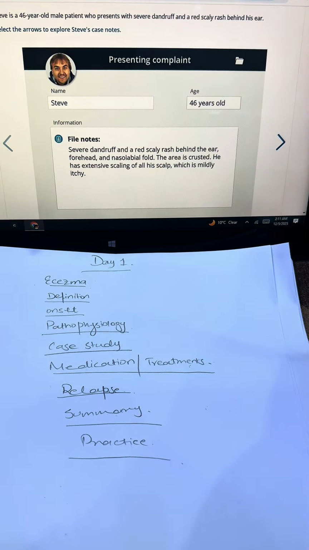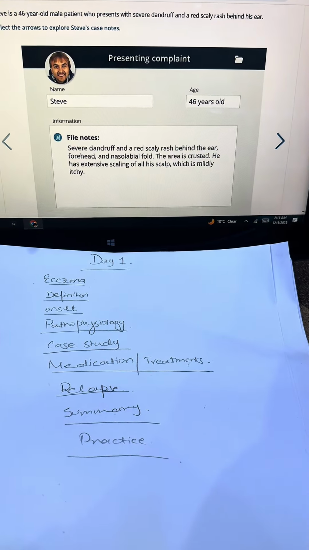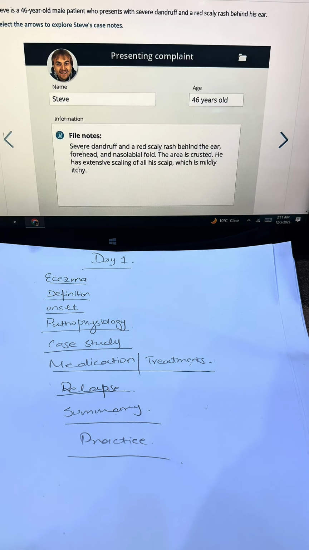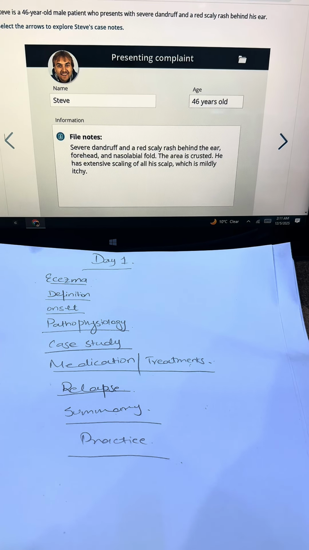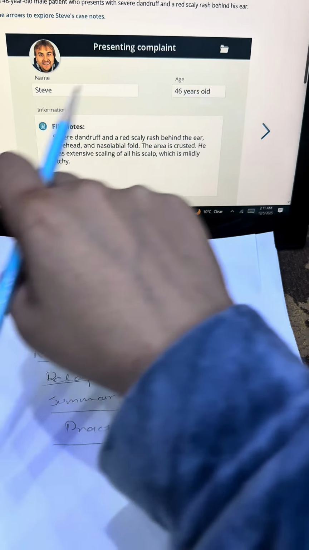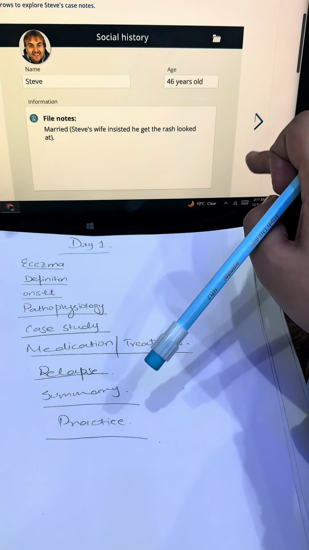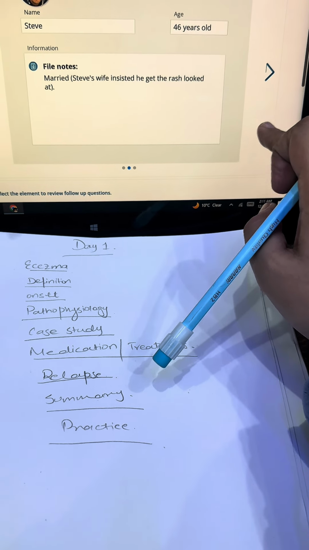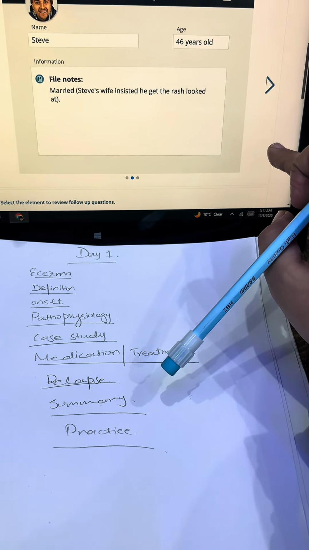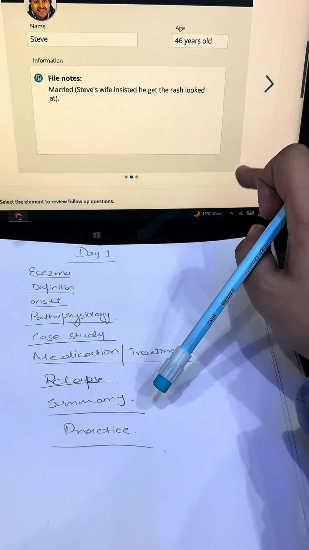Severe dandruff and a red scaly rash behind the ear, forehead, and nasolabial fold. The area is crusted. He has extensive scaling of all his scalp, which is mildly itchy. Steve is married, and his wife insisted he get the rash looked at.